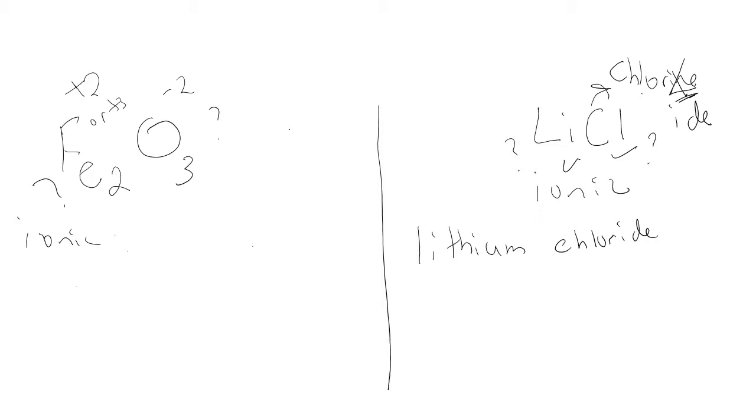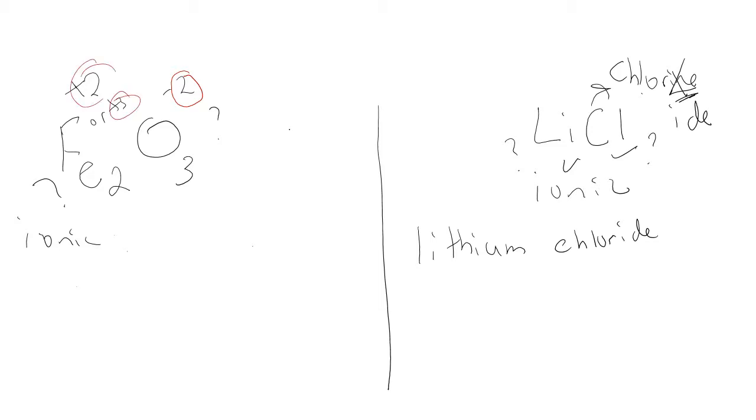We can see that if we take a quick look at this -2 and do the old switcheroo, we take this 2 and put it down here. So which is it going to be on the iron, 2+ or 3+?